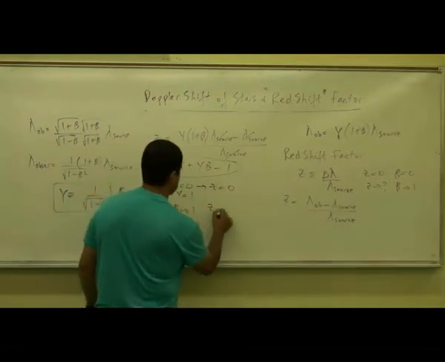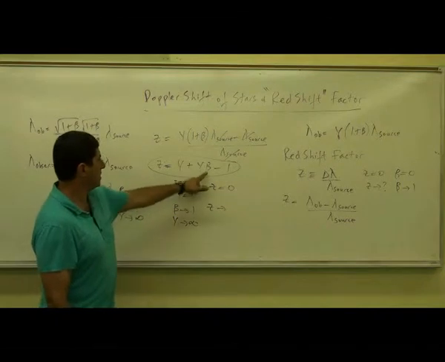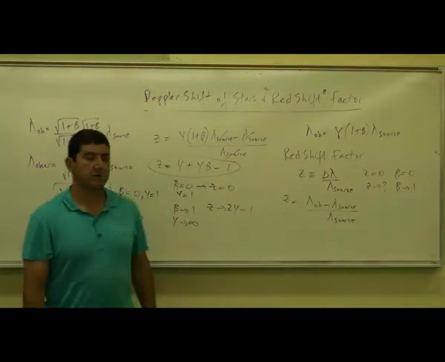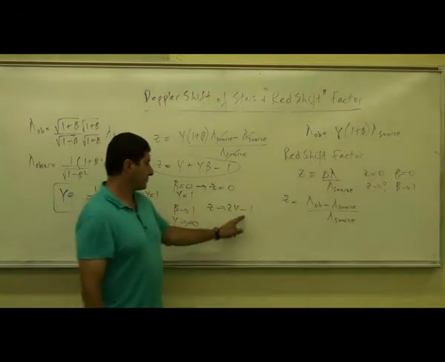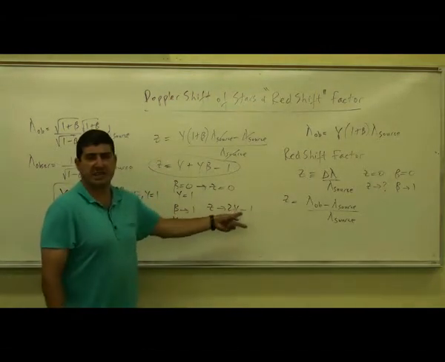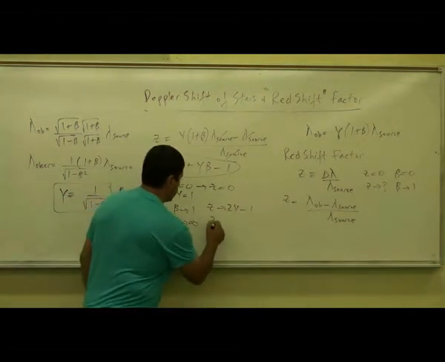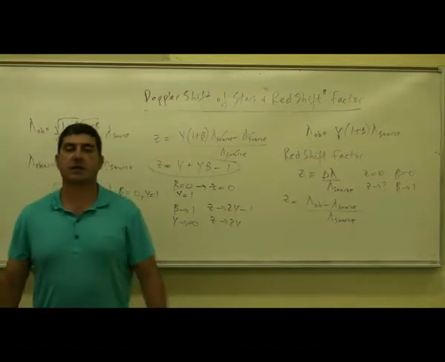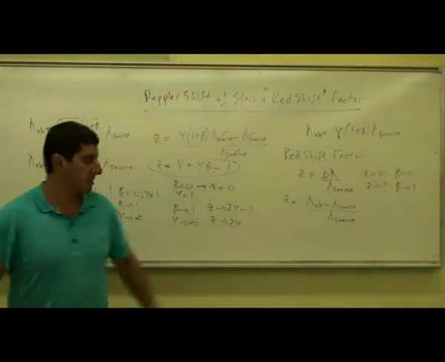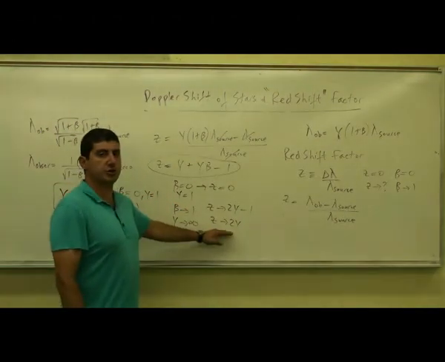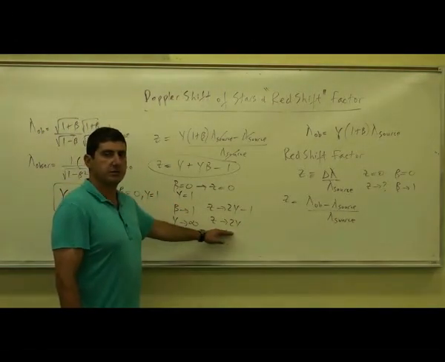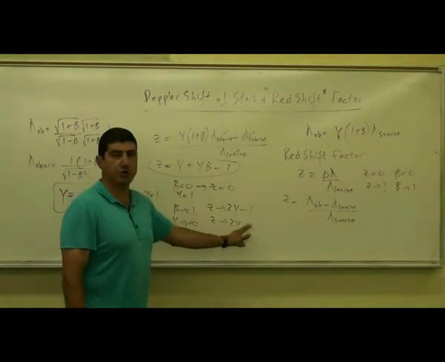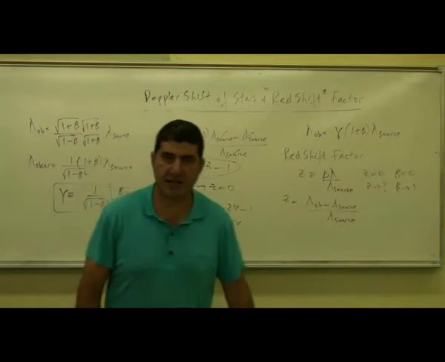So Z starts approaching 2 gamma minus 1, right? And of course, 1 is not going to make any difference, right? So Z starts approaching 2 gamma, and then gamma starts approaching infinity. So basically, as you go close to the speed of light, you experience a redshift amount equal to twice your relativistic factor gamma.